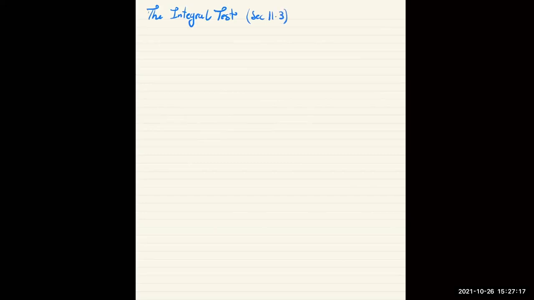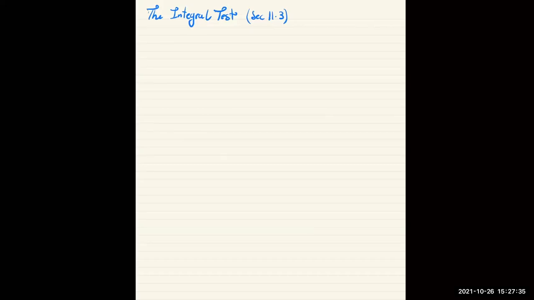And the integral test, remember when I introduced the series and the limit of the partial sum, we said that the series resembles an improper integral.